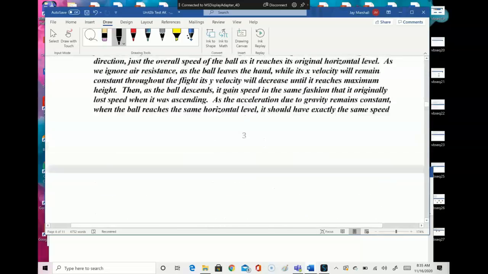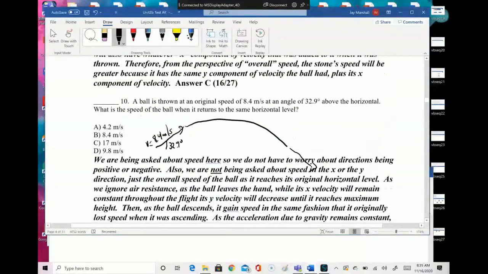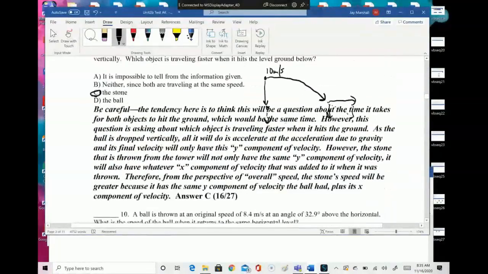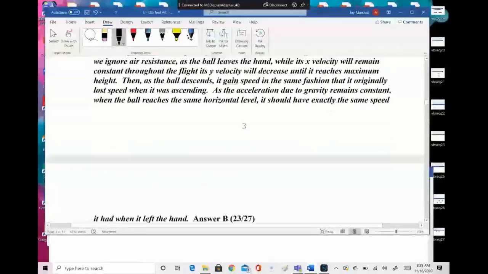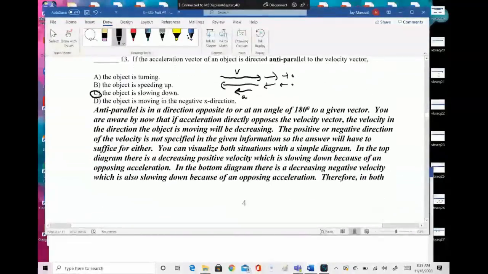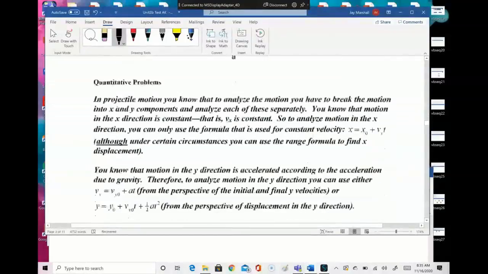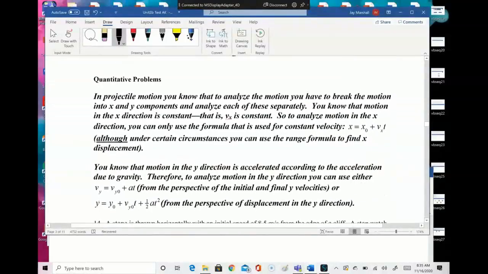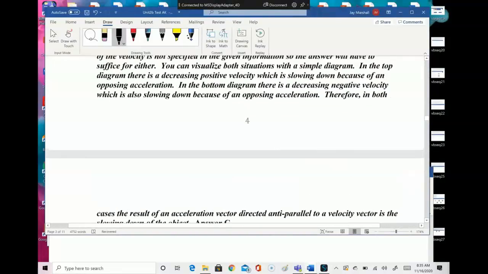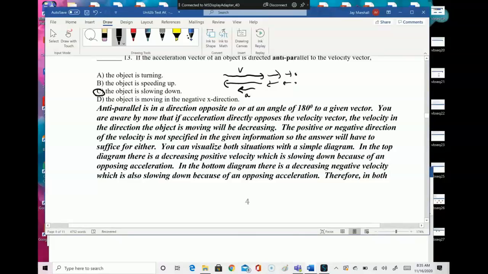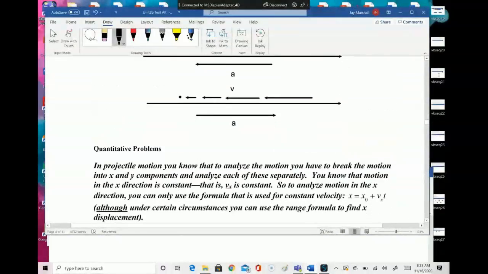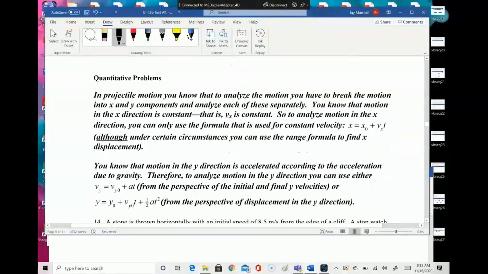So I can change these questions up in subtle ways so that you're not just regurgitating answers that I've given you. Okay, so make sure you understand these things rather than just memorizing them. Actually read through. These are really good descriptions of what's going on. I pride myself on being able to describe things like that pretty well.